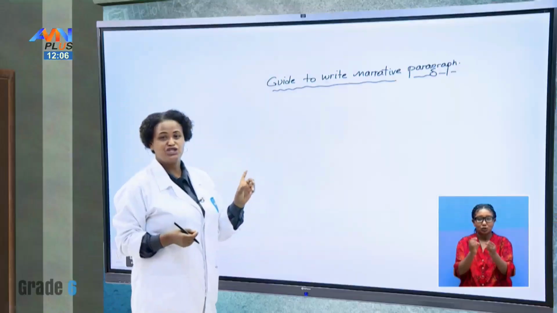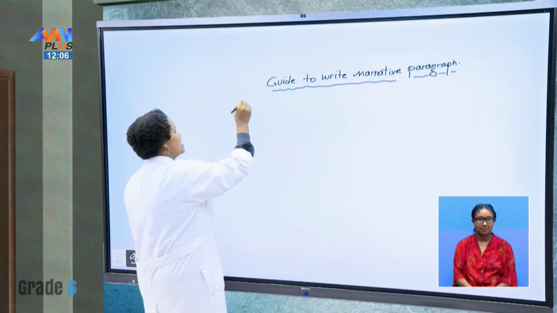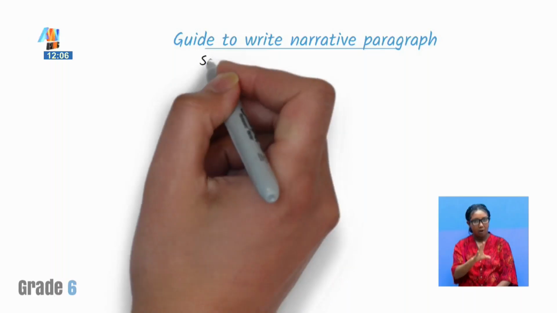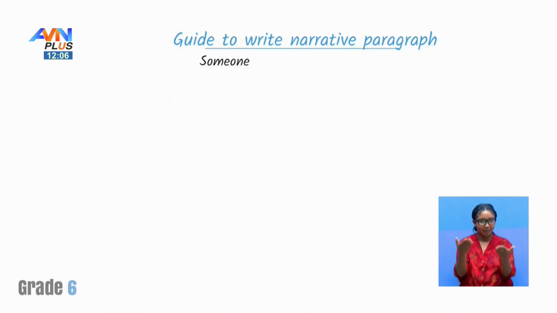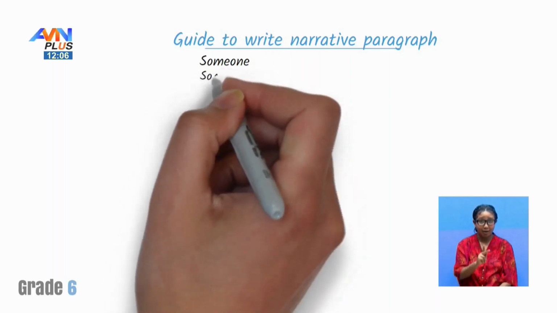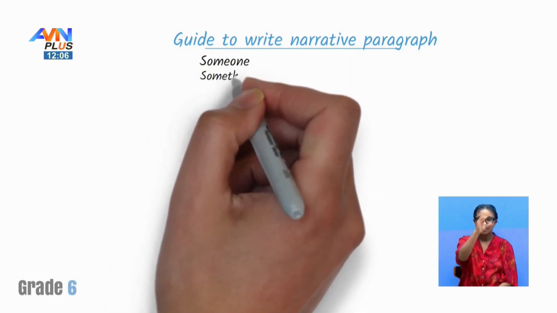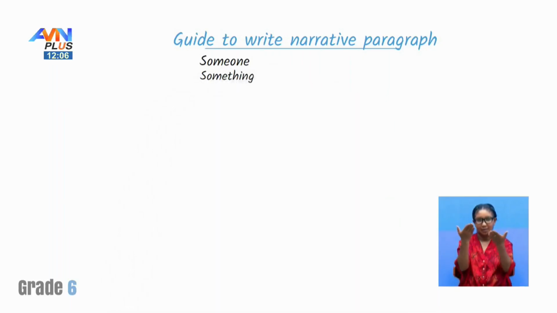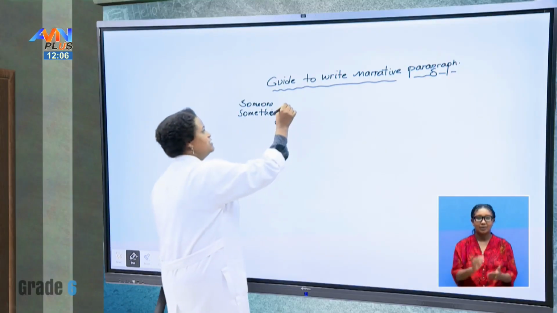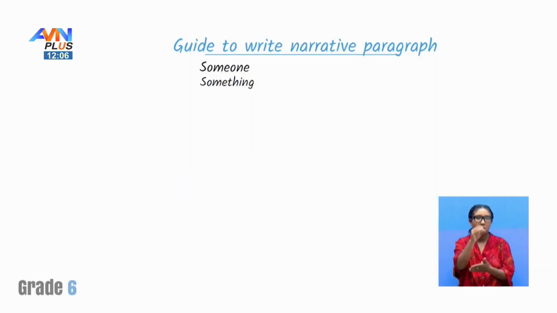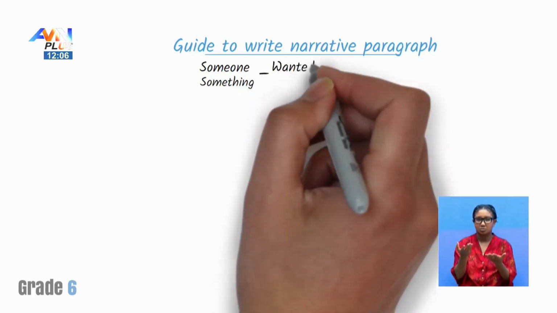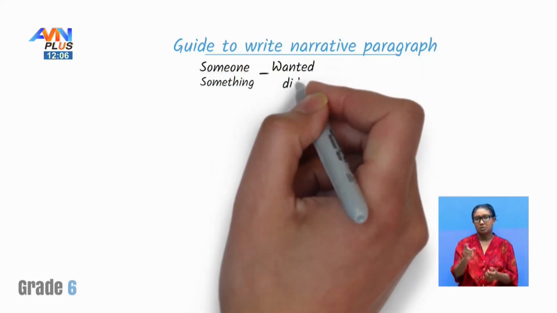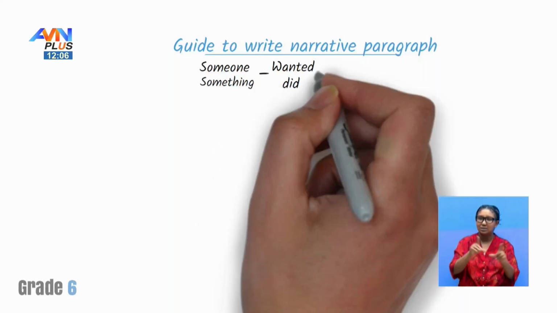This short way is called, look, someone or something, okay? Someone or something, yeah? And then what someone wants, or wanted, sorry, what someone wanted, since we are talking about something which happened in the past, or what someone did, one of the two, okay?